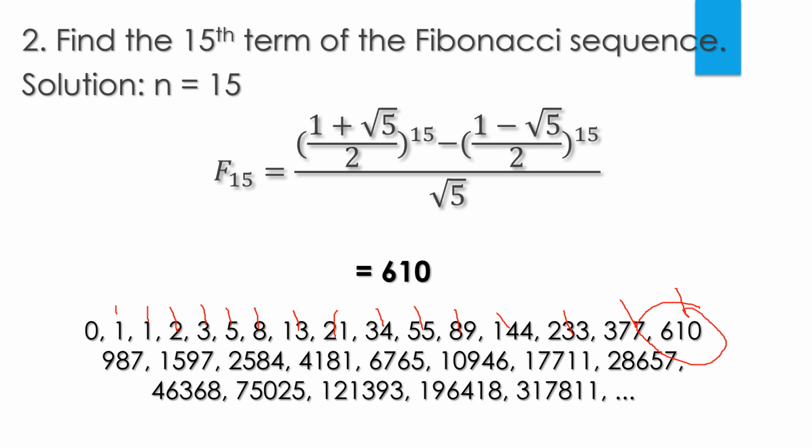Okay, so ito yung pang 15 term. So 610. Okay, mag-step forward lang tayo. So 1, 2, 3, 4, 5, 6, 7, 8, 9, 10, 11, 12, 13, 14, 15. So si 610 ang 15th term.